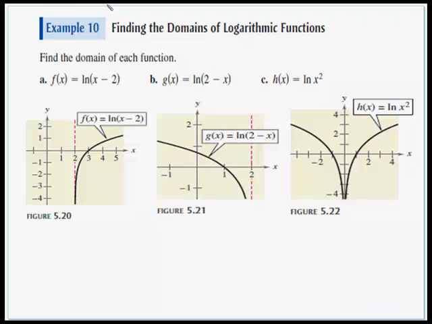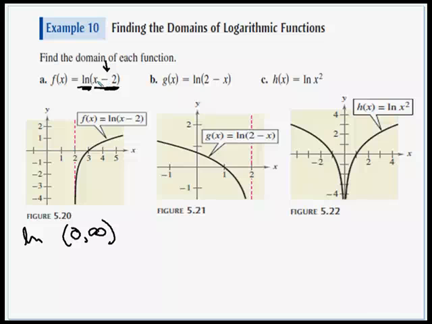In example 10, it says find the domains of the logarithmic functions. So let's see here in the first one, we have the ln of the quantity x minus 2. And remember from the previous video, this minus 2 in here is going to shift everything to the right 2 units. So we're looking for the domain. For the natural log, our domain is 0 to infinity.